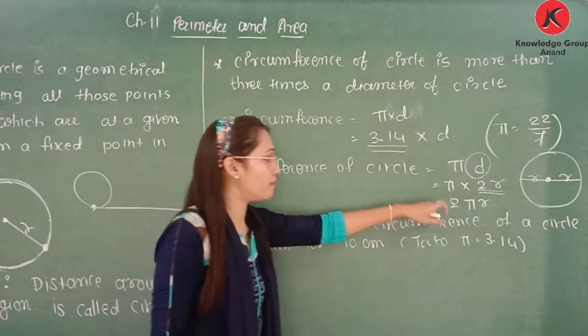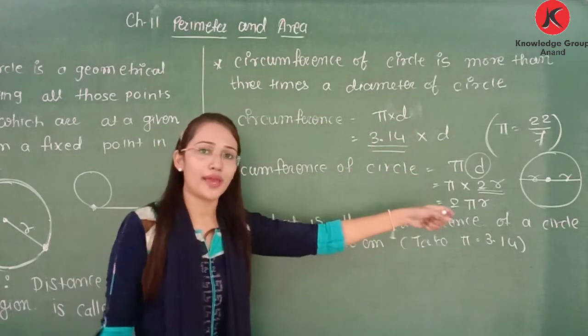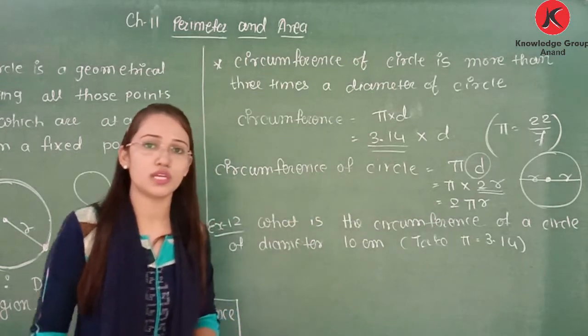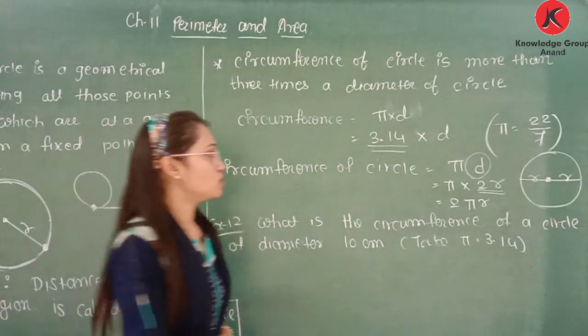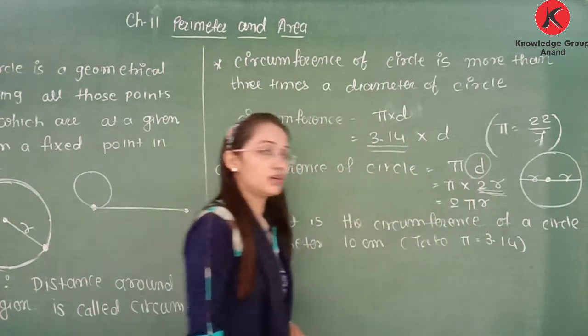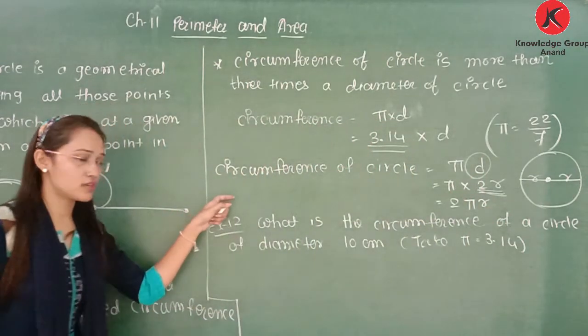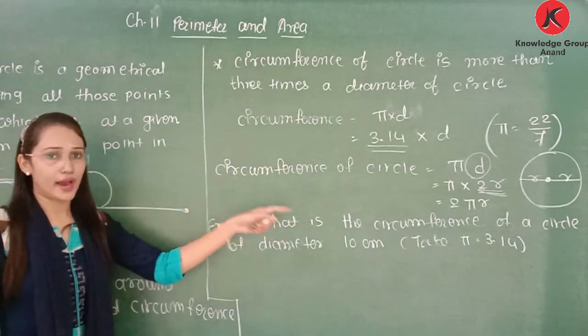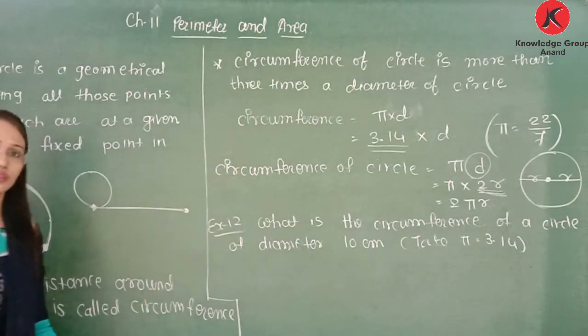And if the radius is given, then you can take 2 pi r. Both will give the same answer because d is nothing but 2r. Clear? So the equation for the circumference of a circle is 2 pi r, or you can say pi multiplied by d.